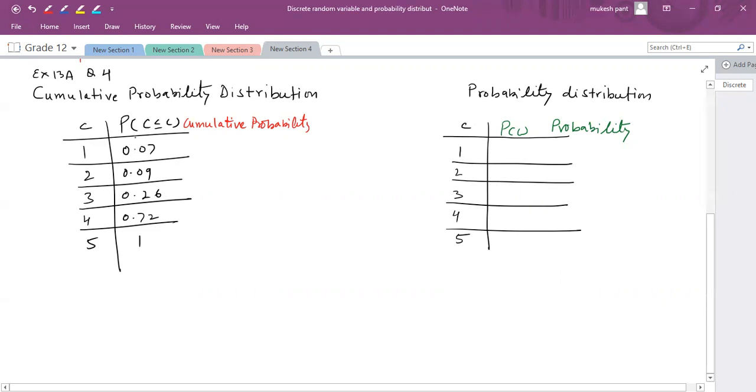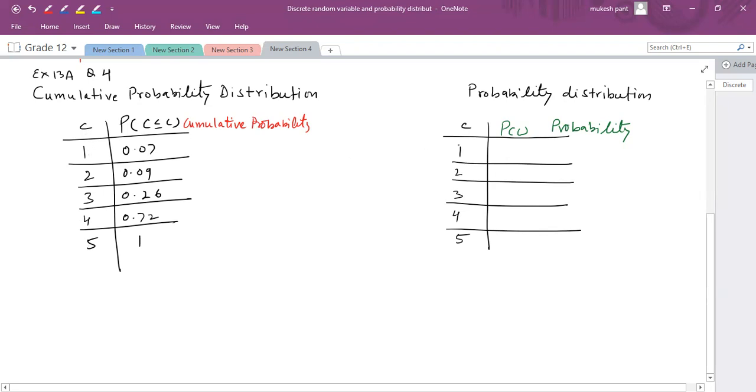It is almost the same as what you used to do with frequency, finding cumulative frequency from frequency. Here is the table, with X as the discrete random variable: 1, 2, 3, 4, 5.